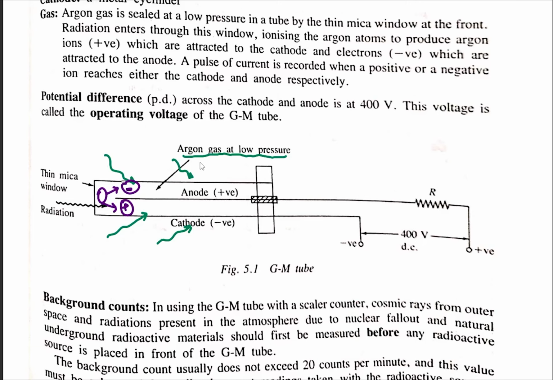One part of the GM tube is positively charged, so the negative electron gets attracted to this anode because of opposite charges, and the positive ion is attracted to the body of the GM tube because it is negatively charged.